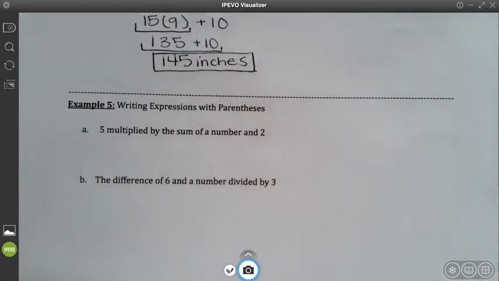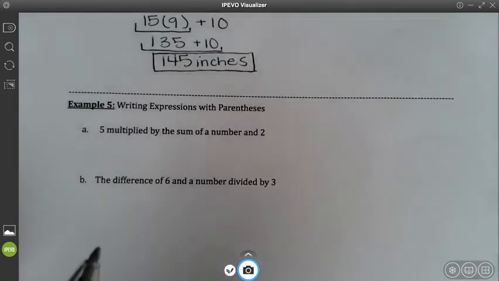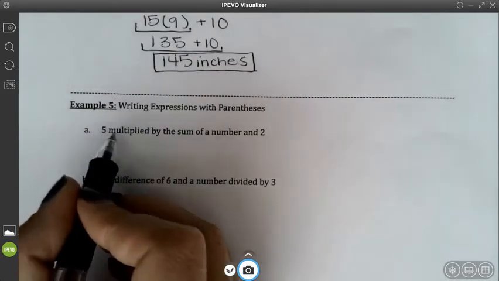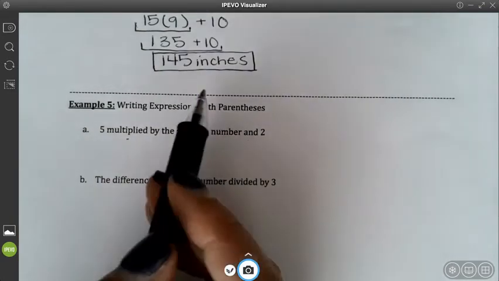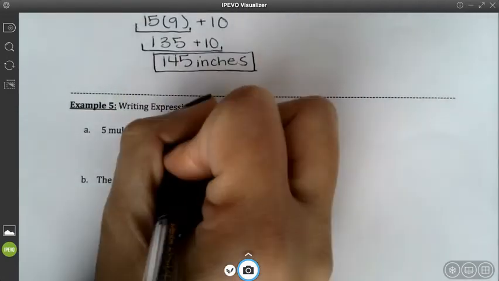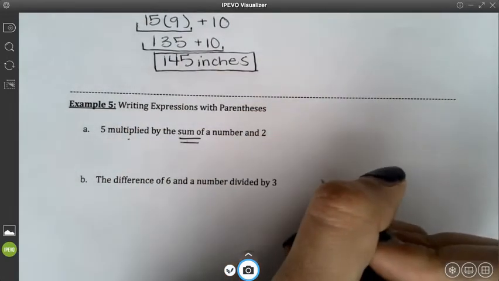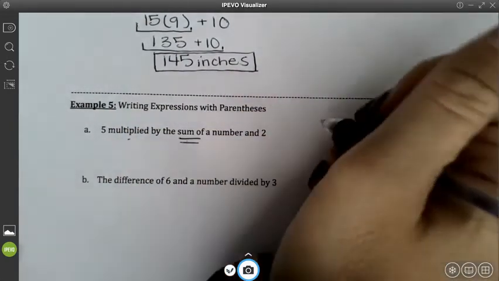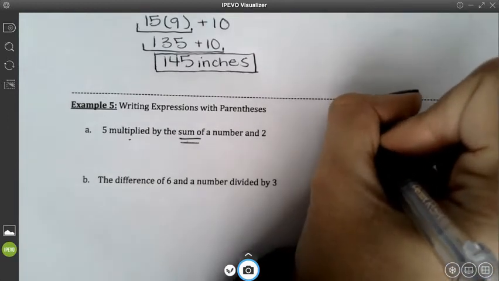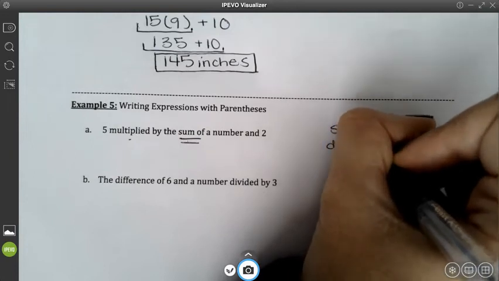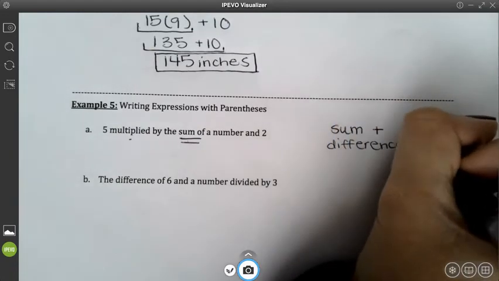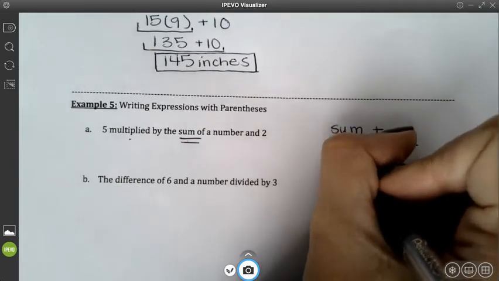Example 5. For A, we've got 5 multiplied by the sum of a number and 2. We're going to use parentheses for any totaling word like this. Sum is for addition. Difference is for subtraction.